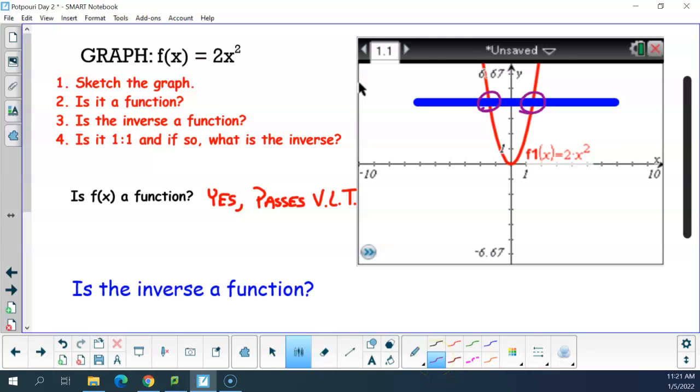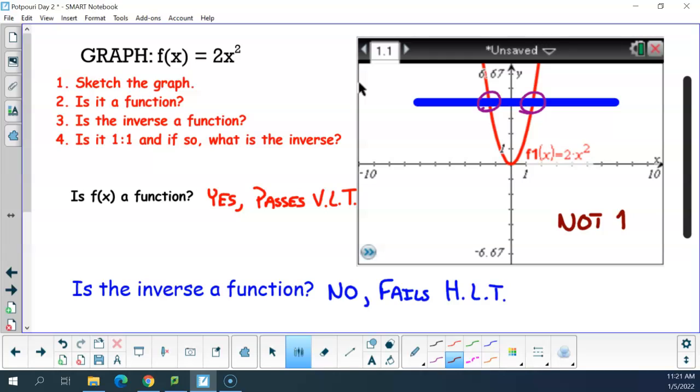So no, this does not. So is this function one-to-one? No, it is not.